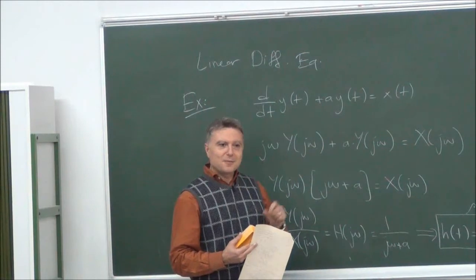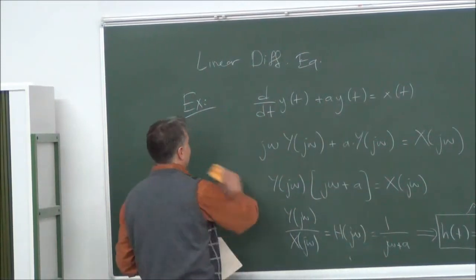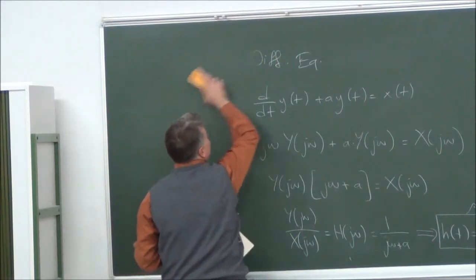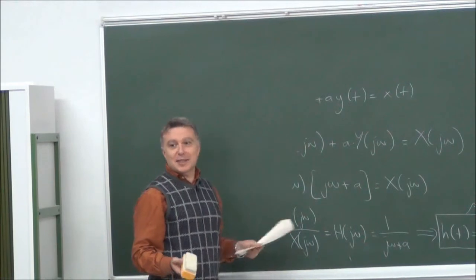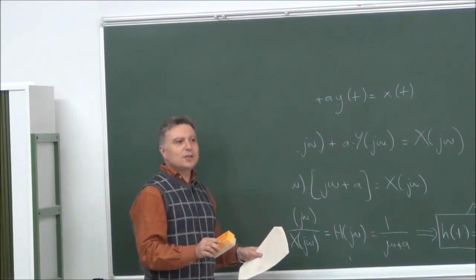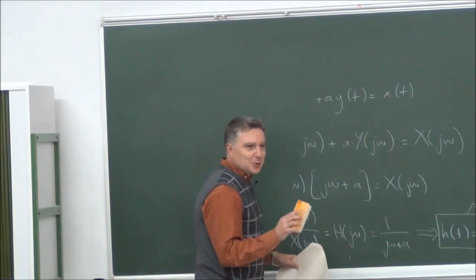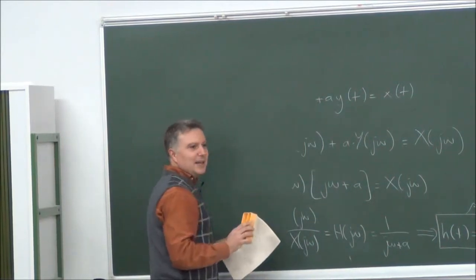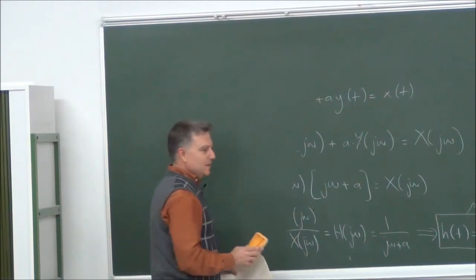You remember that? Find the impulse responses from there. Because I'm going to ask it, of course. That's a very typical exam question. There's no way to avoid a circuit or a mechanical system question in the second midterm. Certainly there's going to be a layout, and I'm going to ask you the impulse response.